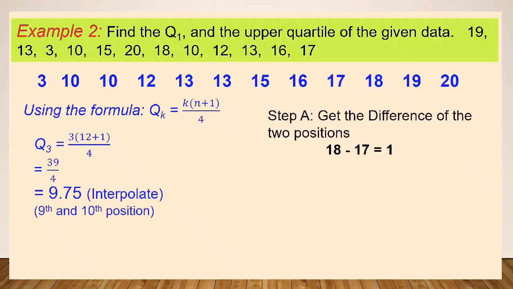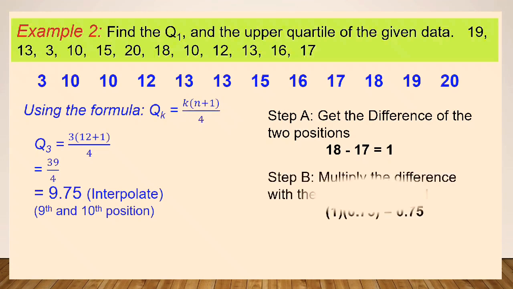Since we have already identified the location, we are going to get the difference of the values of the 9th and 10th positions. That is 18 minus 17, that is equal to 1. The difference that we get will be multiplied by the decimal that we obtained. That is 1 times 0.75, that is equal to 0.75.